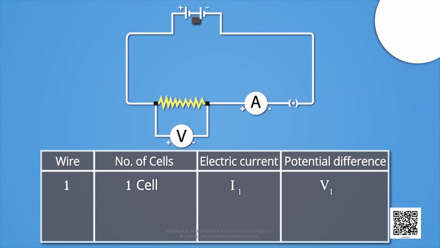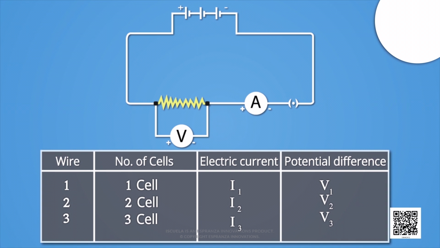Now, join 2 cells in the circuit and again note the readings of the electric current and potential difference. Tabulate them in the given table as I2 and V2. Now, in the same way, join 3 cells in the circuit and note the readings again.